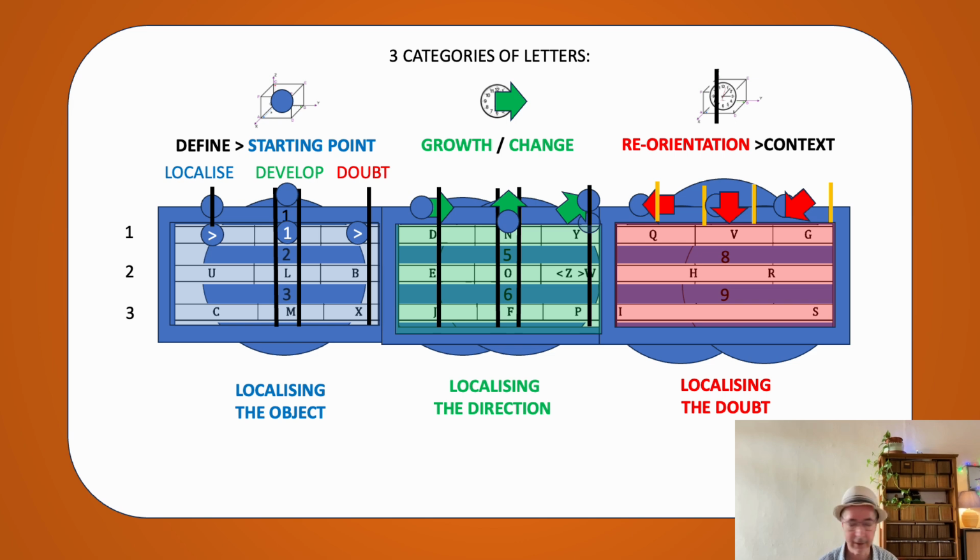Where are they? Where is it? So these are the next letters that give you directions to where the things are evolving or changing, or what is changing. And the last category is the most complex one, where your attention towards the positions is completely dominated by context, and we have to adapt towards its context.